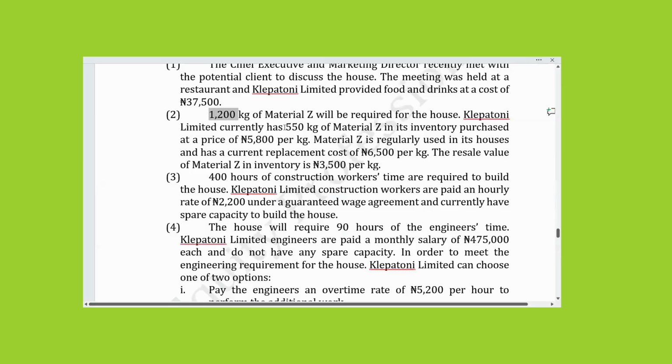However, the company currently has 550 kilogram in stock. And this 550 kilogram was purchased at 5,800 naira per kilogram. Is it relevant or irrelevant? If you know it, raise your hand.